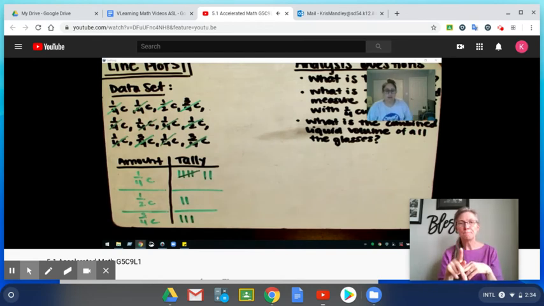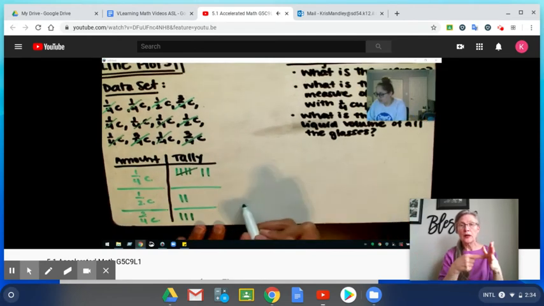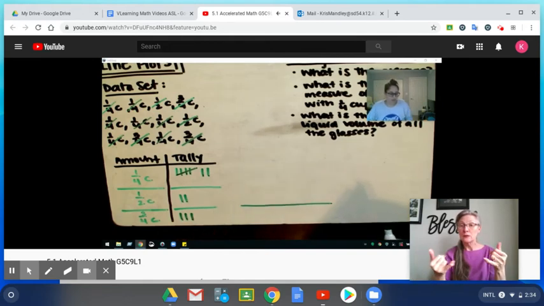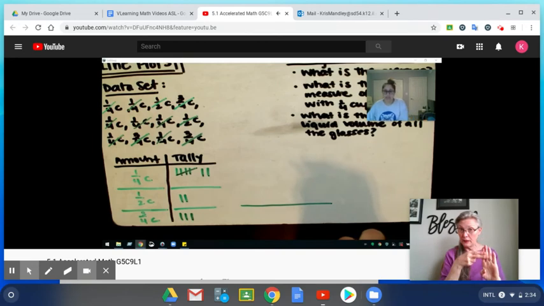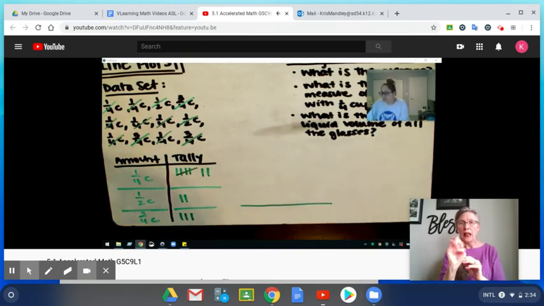All right, now we're going to take this data and we are going to turn it into a line plot. For a line plot, obviously, you start with a line on the bottom. So I'll come over here and I'm going to draw my line plot. Now, it's super important that we're labeling our line plots, right? Not only are we labeling it with the scale that we're measuring, our scale are our numbers, right?